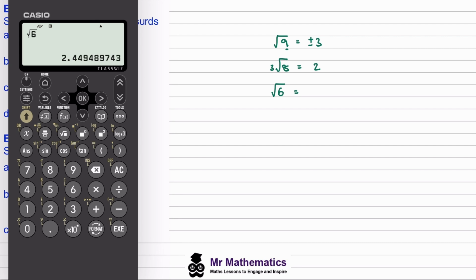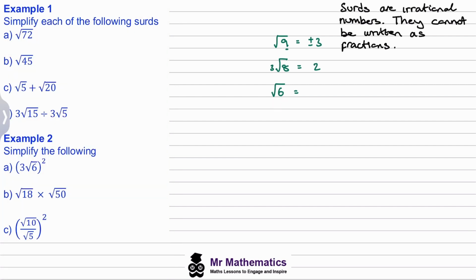So because of this, root 6 cannot be written exactly as a decimal or as a fraction, and this makes a surd irrational. So what I'm going to show you in this video is that although we can't write it as a fraction in its exact form, what we can do is use square factors to simplify a surd.